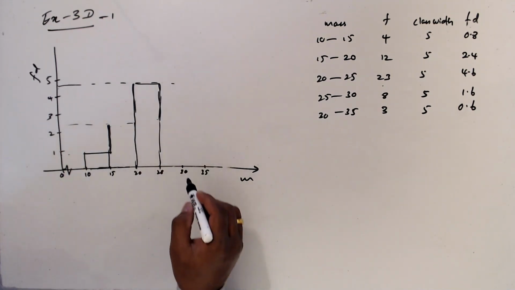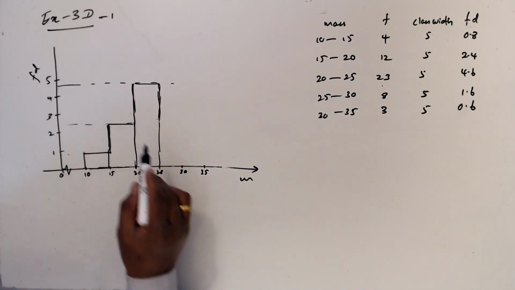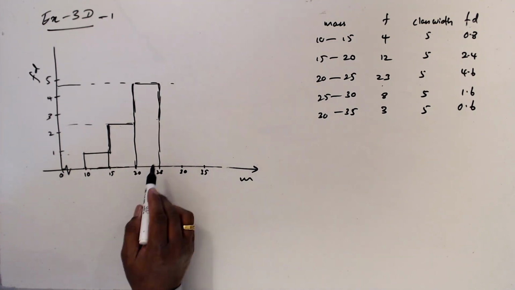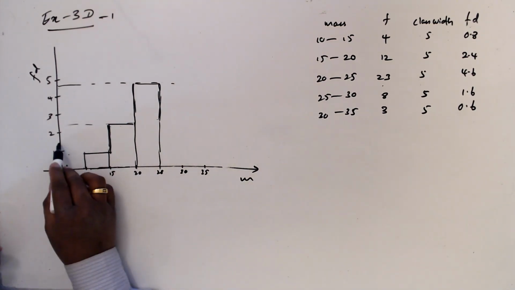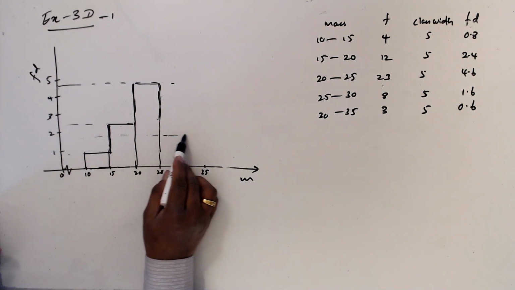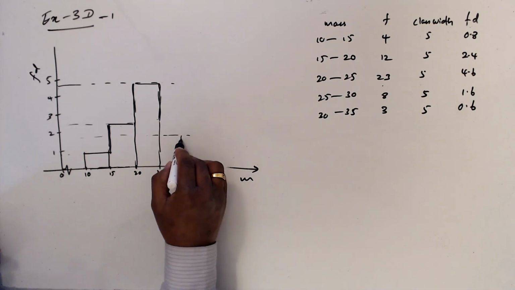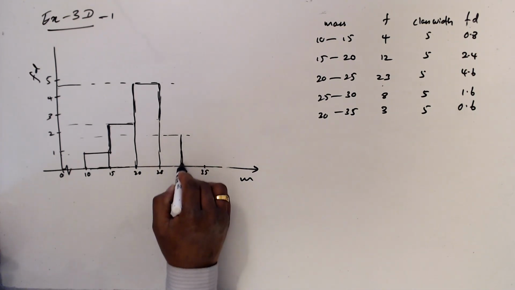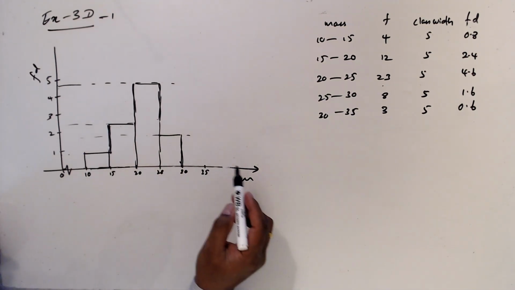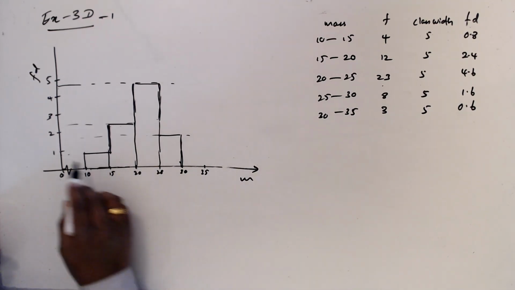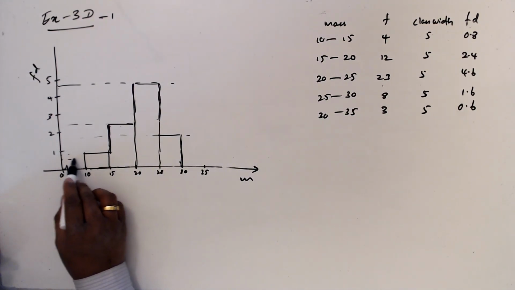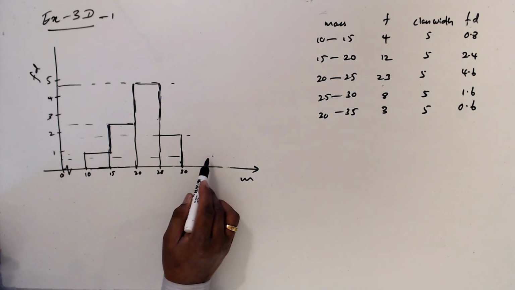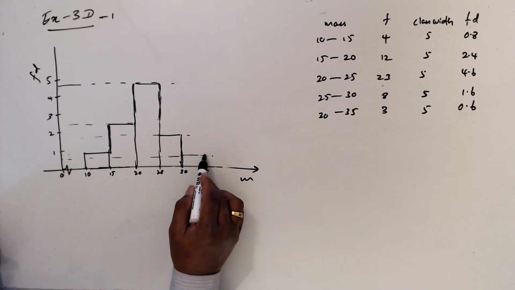And 25 to 30, 1.6, somewhere here. And the 0.6, somewhere here.